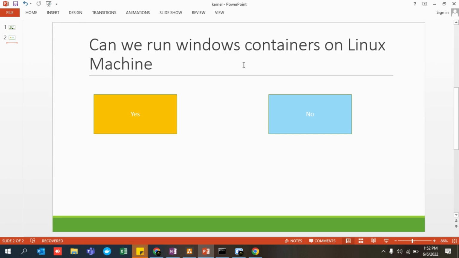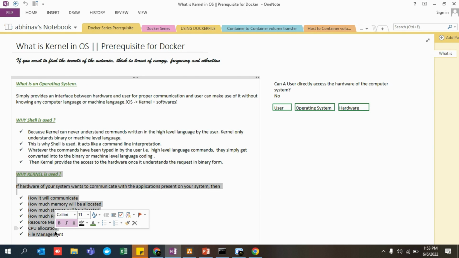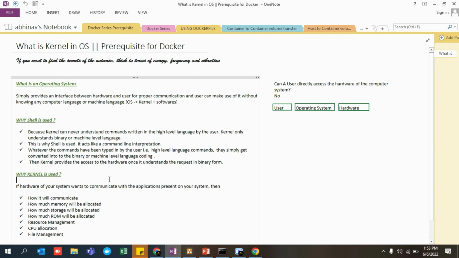Later I found that people tend to get confused because they still do not have a basic idea of what an operating system is all about, why kernel is being used, what kernel is all about, what tasks and functions are performed by the kernel of an operating system, and why shell is being used. So that guy got confused, and he totally went off the grid.